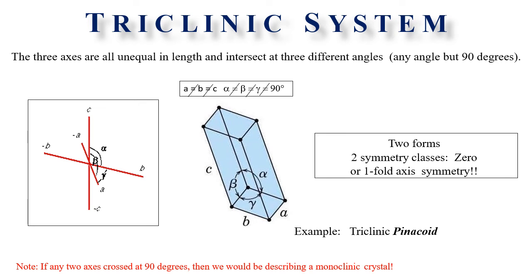Our next crystal system is the triclinic crystal system. In the triclinic system, the crystallographic axes are all of unequal length and none are at right angle to one another. One axis is placed vertical and it is called the C axis or vertical axis. The second axis is the A axis that runs up and away from the observer.